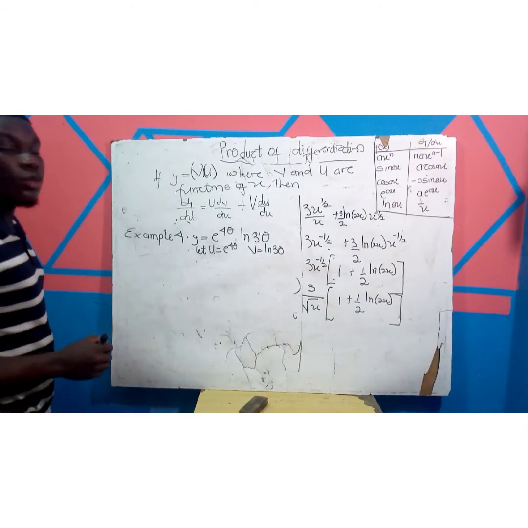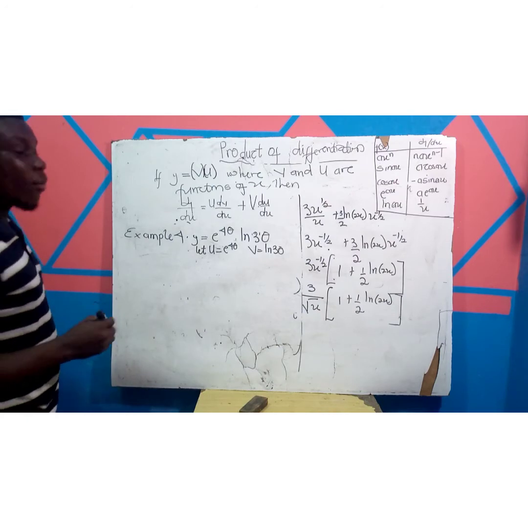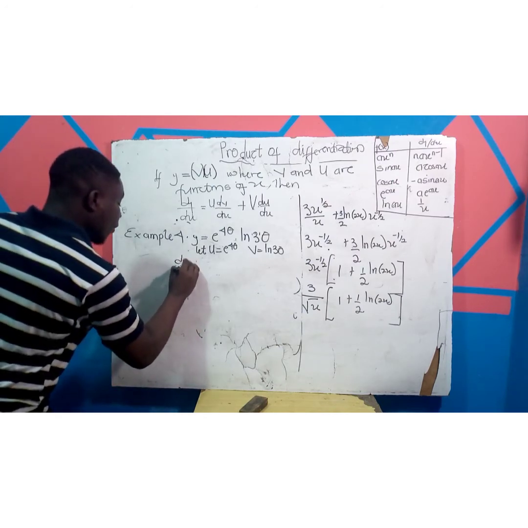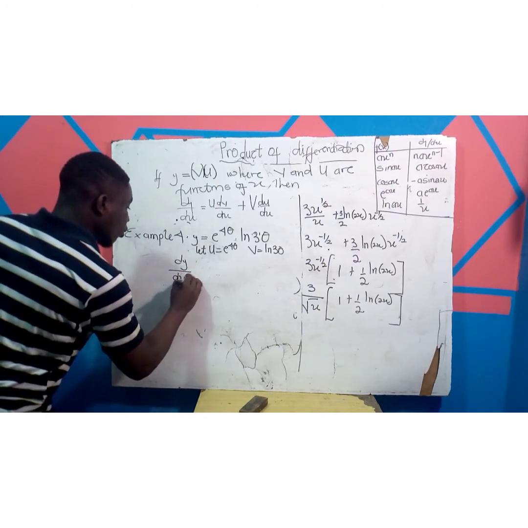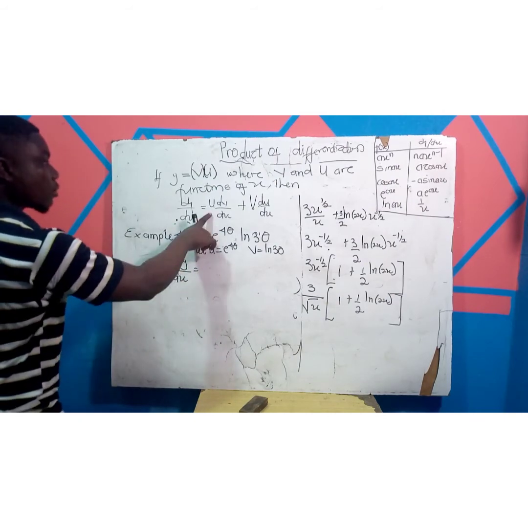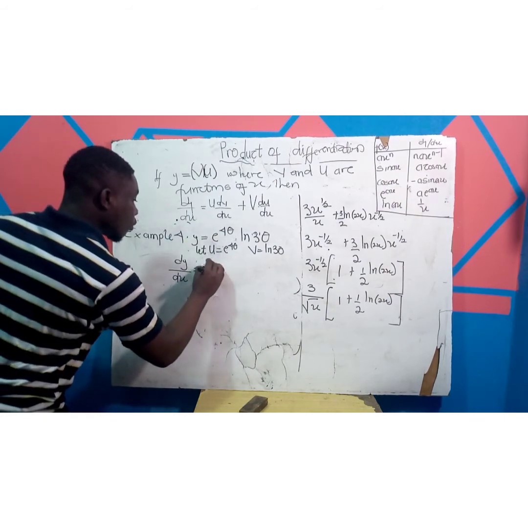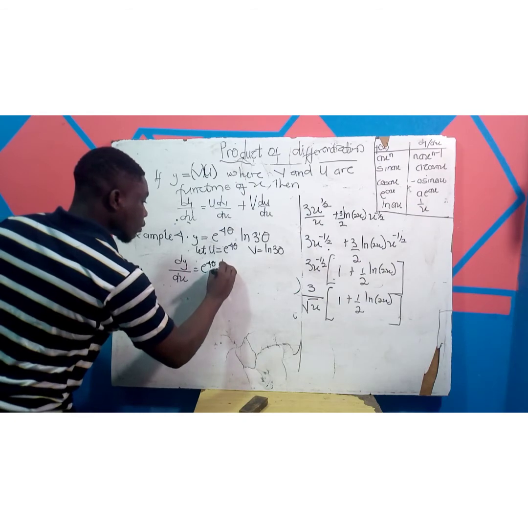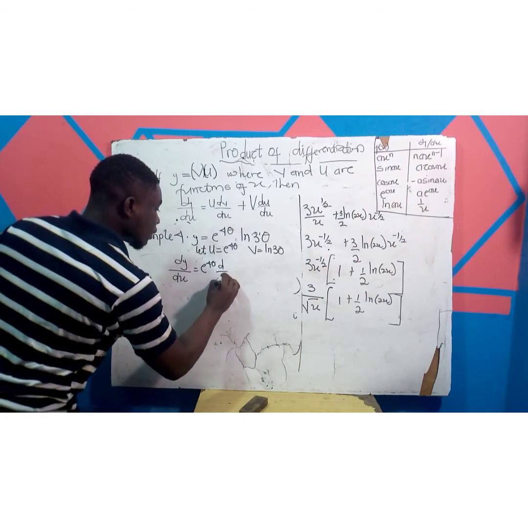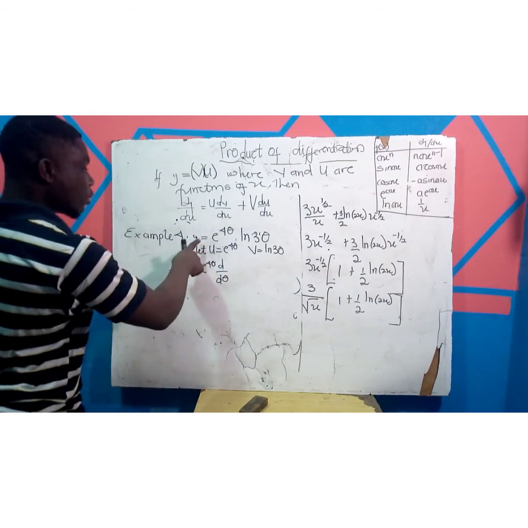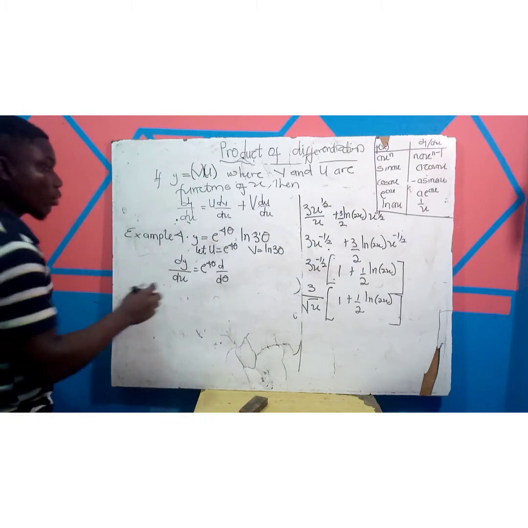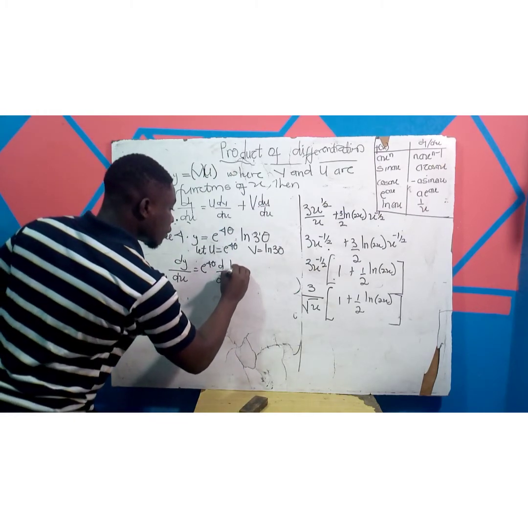Now let's put it into the formula. Our dy over dx will be equal to, our u is e exponent 4 theta, differentiate with respect to theta. You see, you're differentiating y with respect to theta.